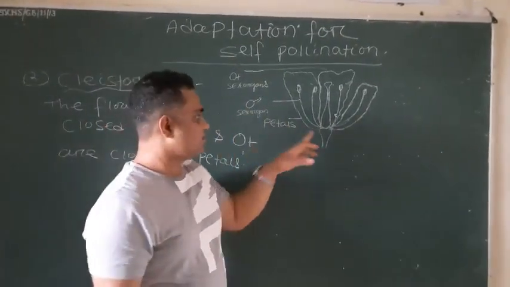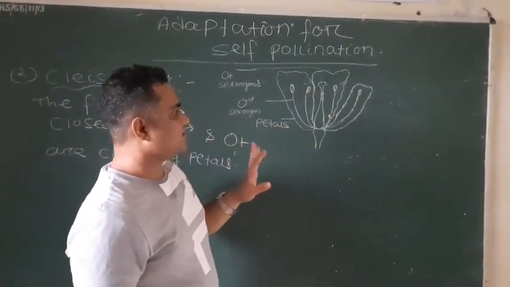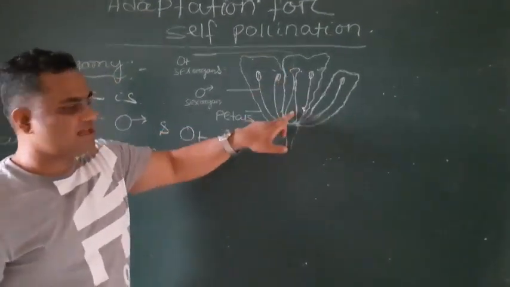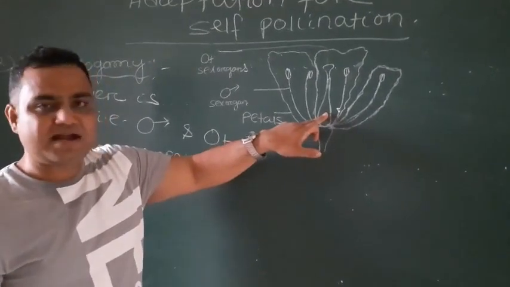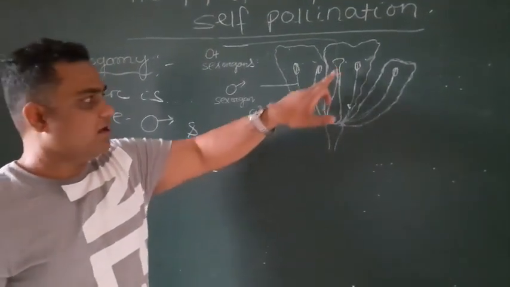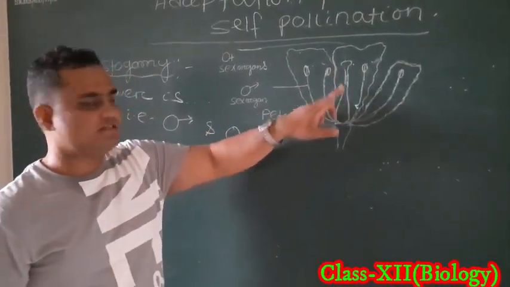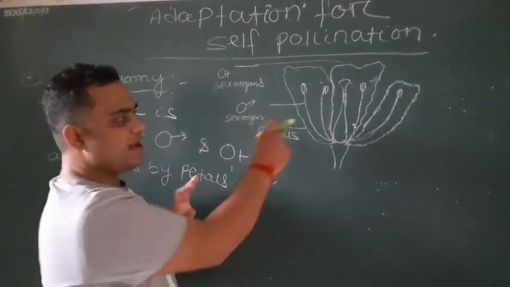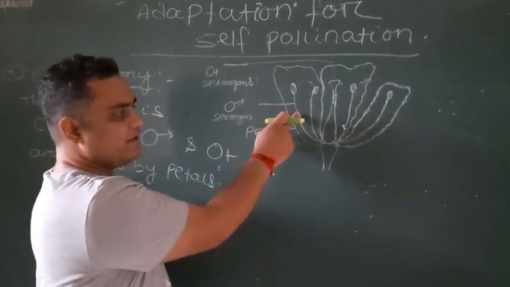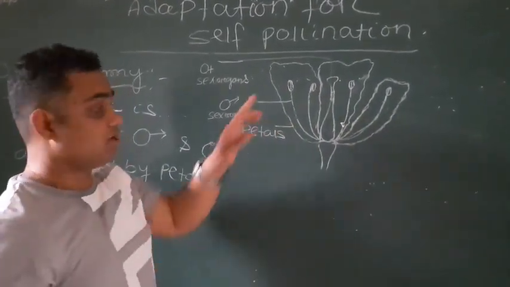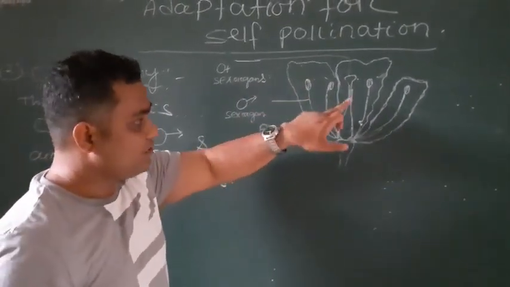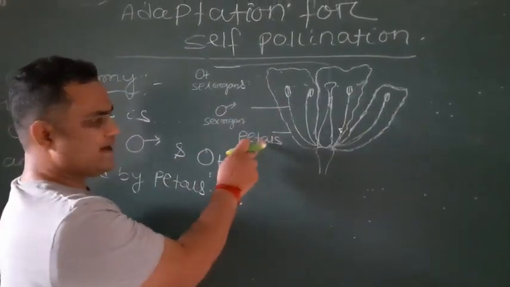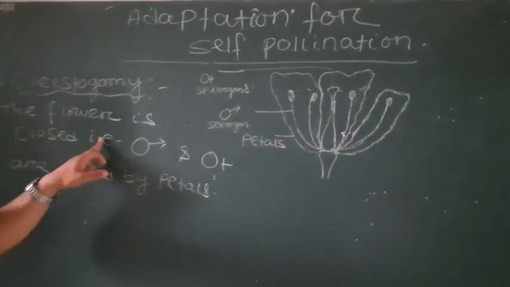In this flower you can observe that the stigma, style and ovary, these three things are combinedly called the pistil. The male part consists of anther and filament, which is called the stamen. Both male and female sex organs are enclosed by the petals. So this is called the closed flower.